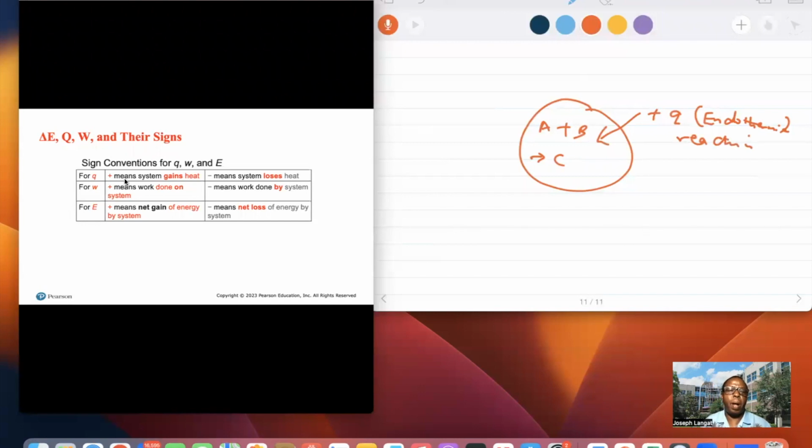That means positive Q came into the system. If it is losing heat, going away, then Q is less than 0.